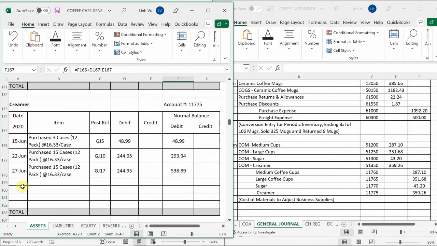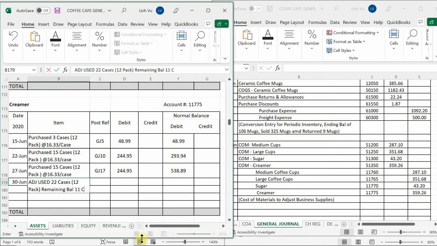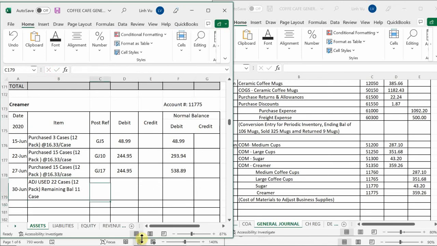Last one is my creamer. Adjustment. If I used a total of 22 cases, 12-pack creamers, how many more cases should I have left? If I purchased 3 plus 15 plus 15, that gives me a total of 33 minus 22. I should have 11 cases.